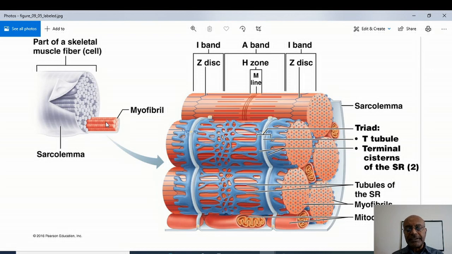What we are looking at here is, if we take several myofibrils, these several stick-like structures, and expose them here, how do they look like? What else is relevant to muscle contraction? By the way, I was telling you that these myofibrils can be considered as organelles of the skeletal muscle cell, right? So we have here, in addition to the myofibrils, other additional organelles like mitochondria.